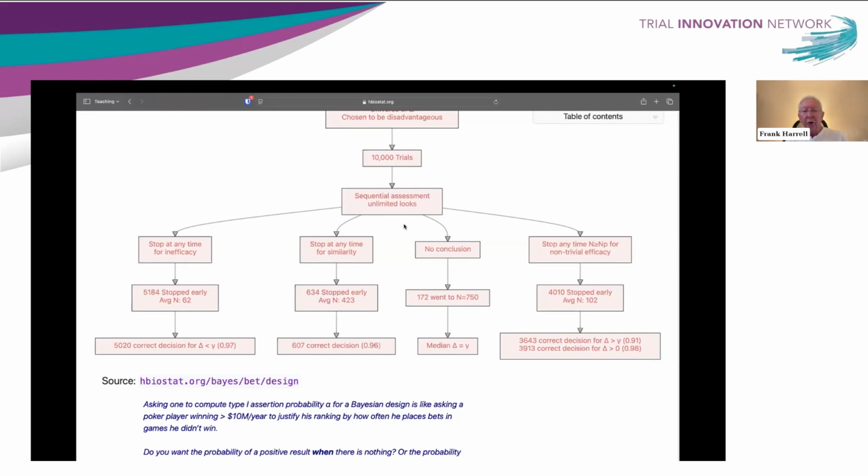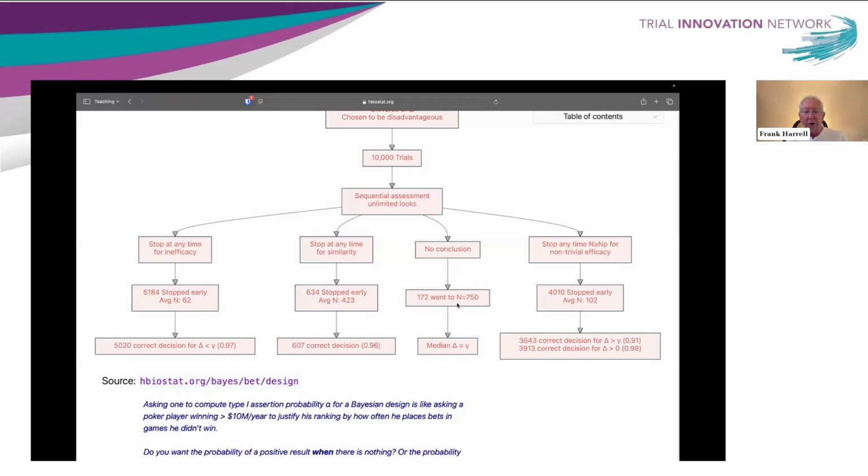Now, how often did we never stop and we went all the way to 750? This is what our design is meant to prevent. So in 172 out of 10,000 simulated trials, we went all the way, and our conclusion was we don't know anything. We have no conclusion. We just know that we spent the money.